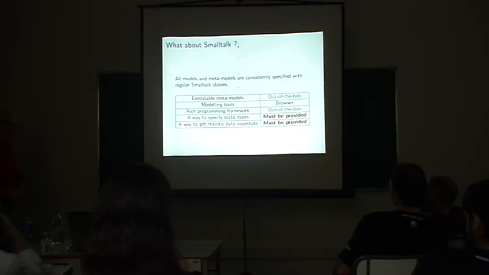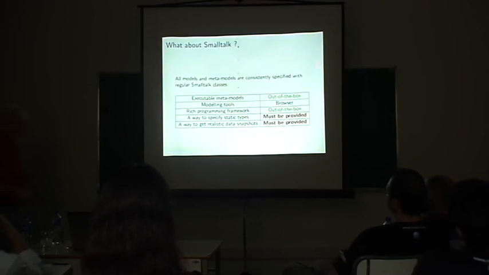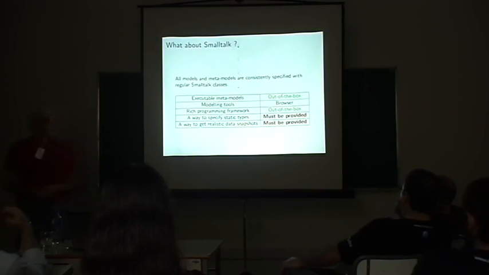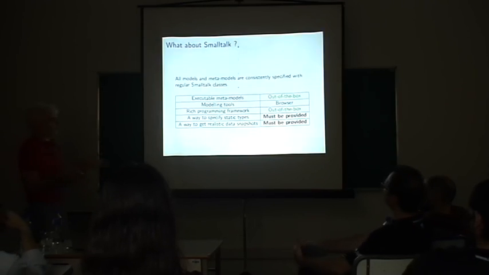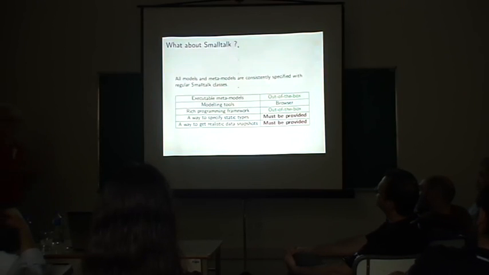So now, what about Smalltalk? With Smalltalk, we can specify models with classes, only classes. Now, in Smalltalk, we have executable models, because if we are using only classes for model specification, we can use Smalltalk in order to run the models.